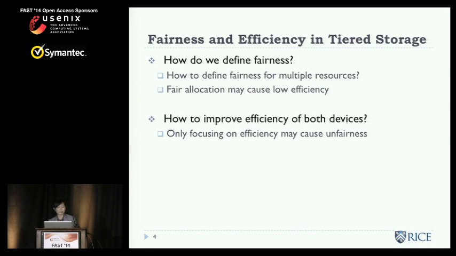However, it's very hard to achieve both fairness and high efficiency. Maintaining high overall system utilization might require favoring some clients while starving others, which causes unfairness. On the other hand, allocation based on a rigid notion of fairness can result in low utilization because some clients might be unnecessarily throttled to maintain fairness.